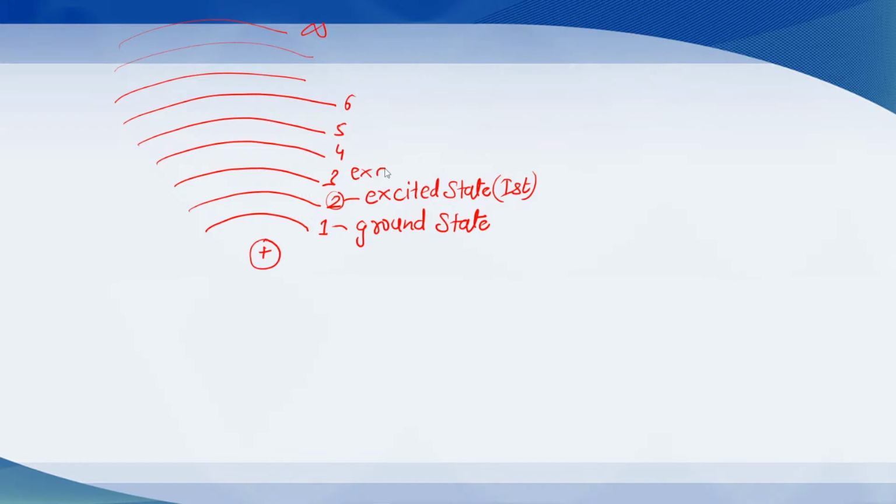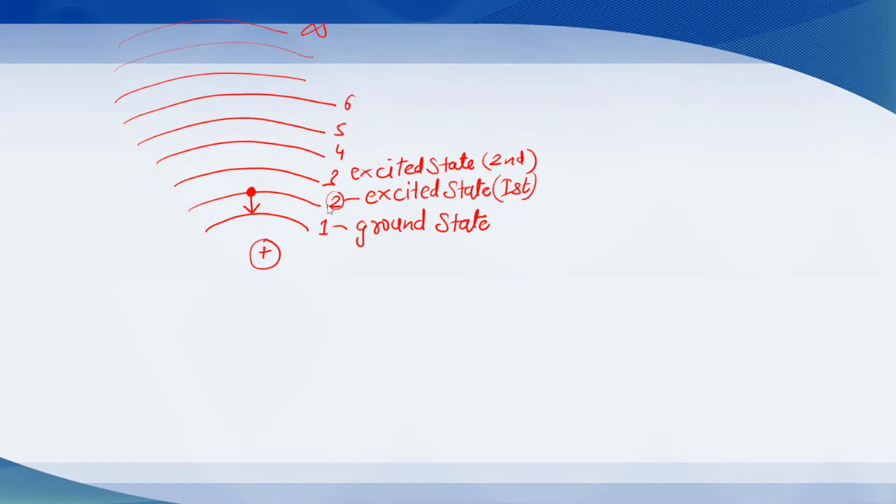And the third shell is the second excited state. So let us say the electron is in the second shell, meaning in the first excited state, and it falls back to 1. So now tell me what happened.